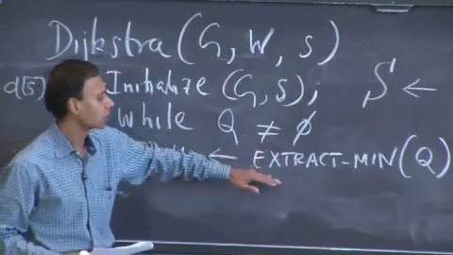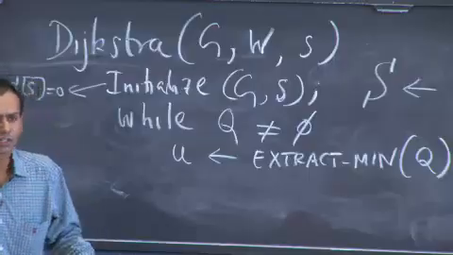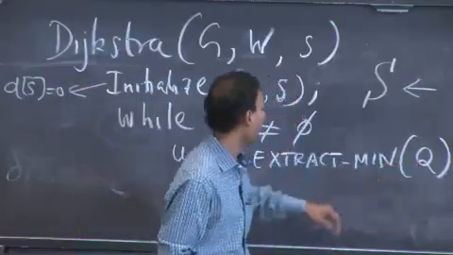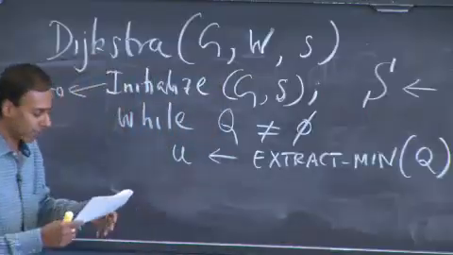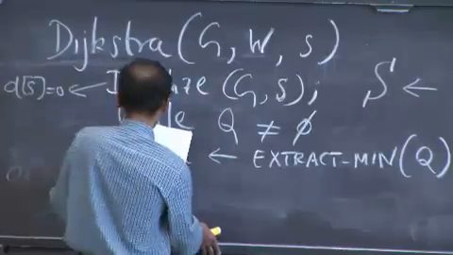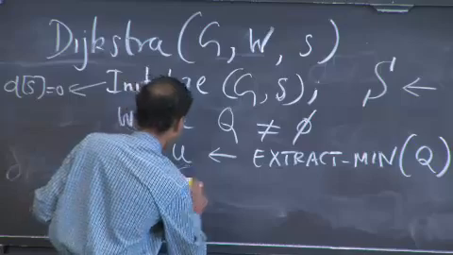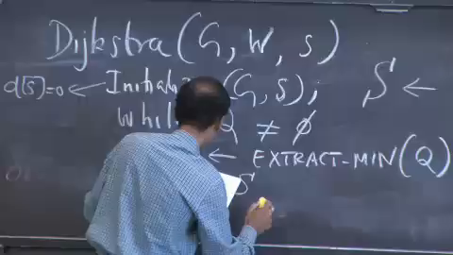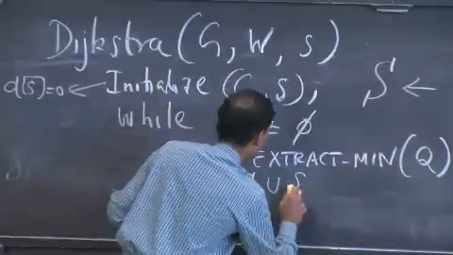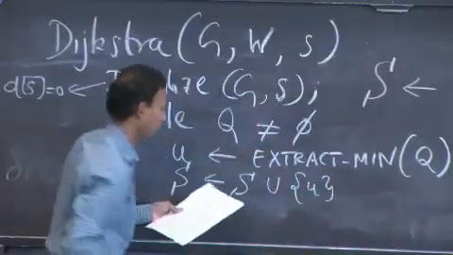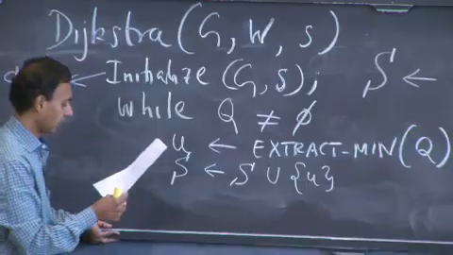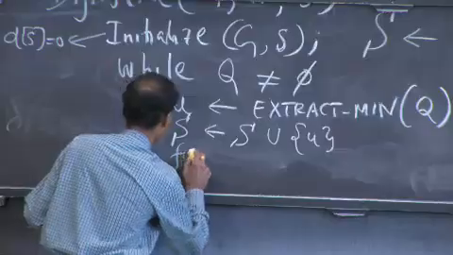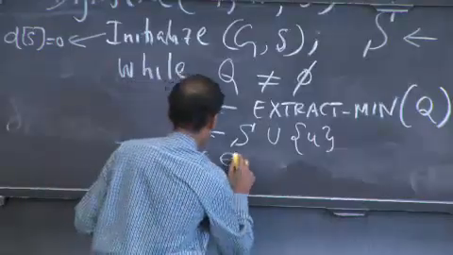So at this very first step, it makes sense that extract min Q is going to pull the starting vertex small s out and is going to assign it to this U value. And we're going to set capital S to be capital S union U. And then all we have to do is relax the edges from the vertex that we just added.